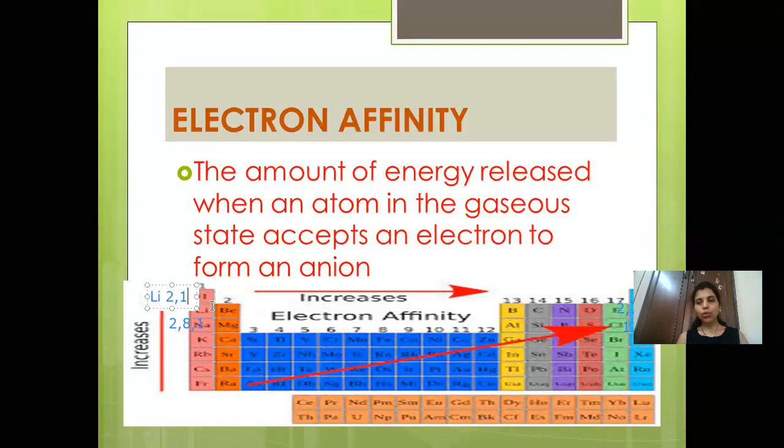Nuclear charge is more, but it is going to get influenced by the atomic size. So the atomic size will dominate the nuclear charge, and that's the reason it will have less electron affinity compared to sodium. So down the group, it decreases, and across the period, it increases.